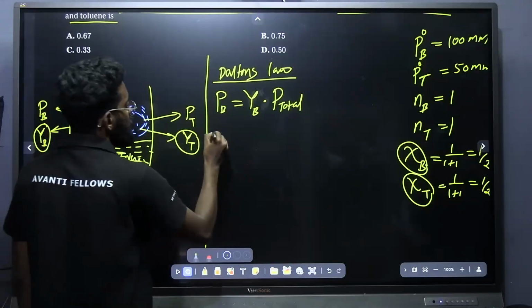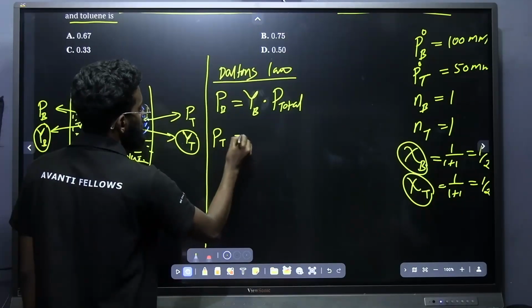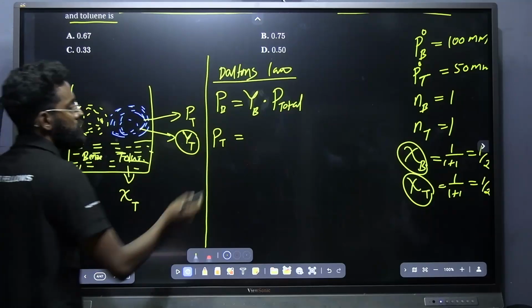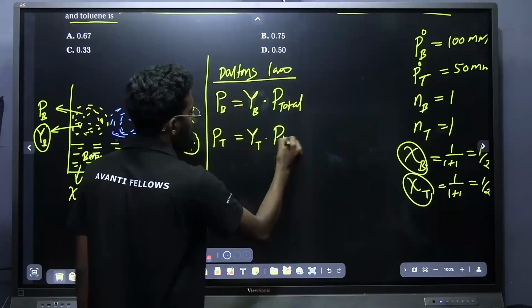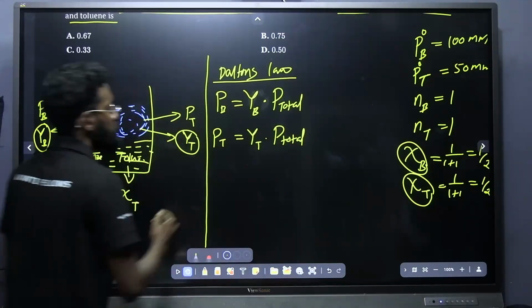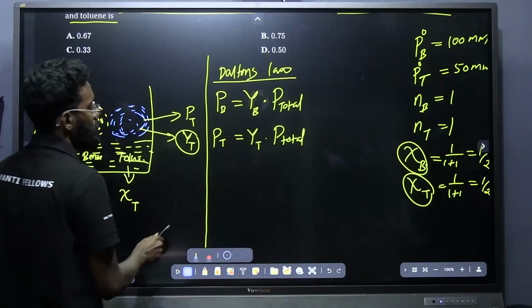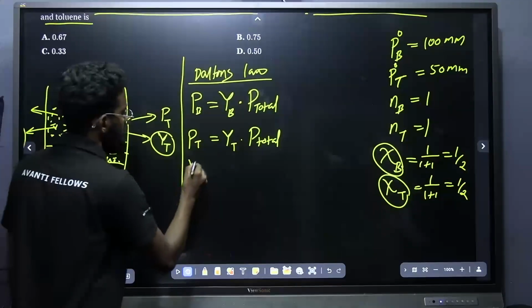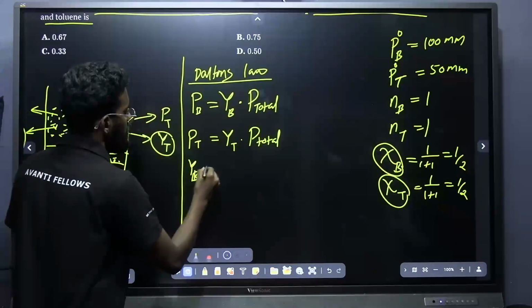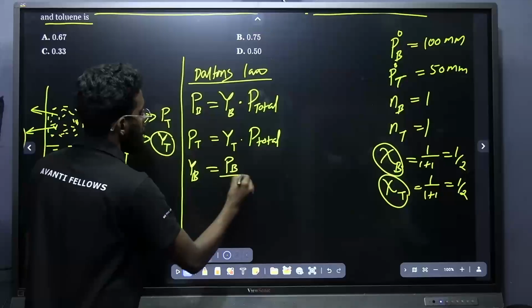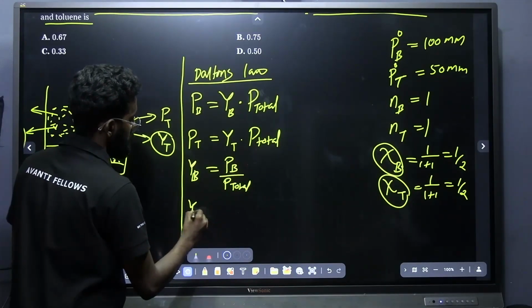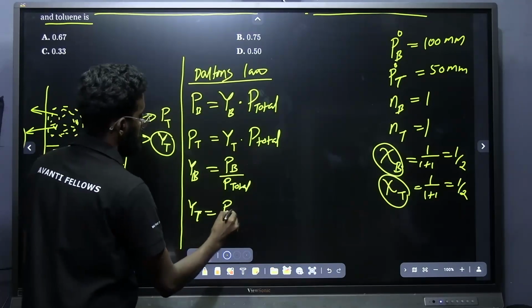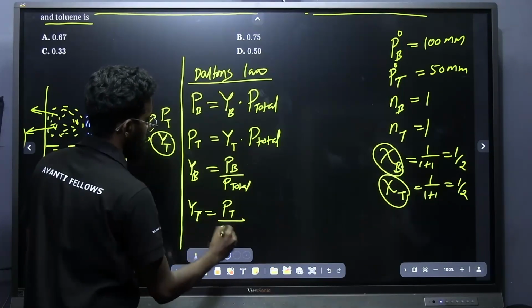And what about Pt? Pt is the partial pressure of toluene, which is equal to the mole fraction of toluene into P total. From this we can find out Yb and Yt. Yb will be equal to Pb divided by P total, and Yt is equal to Pt divided by P total.